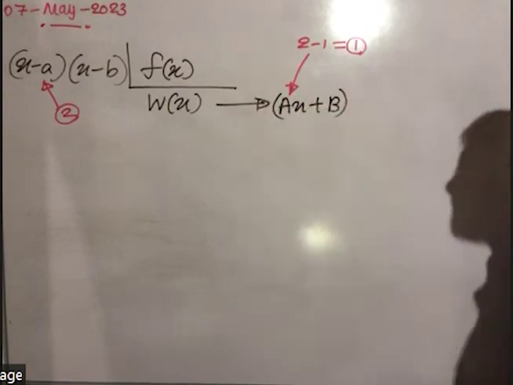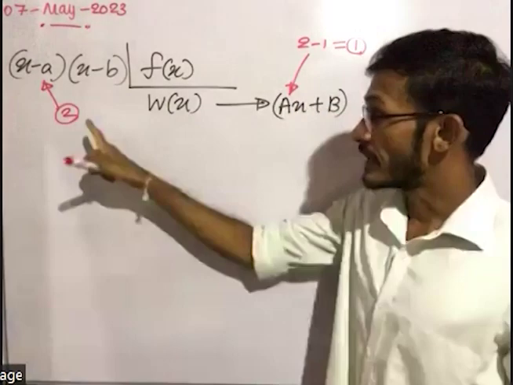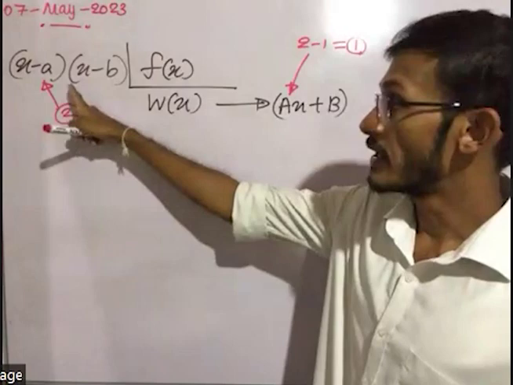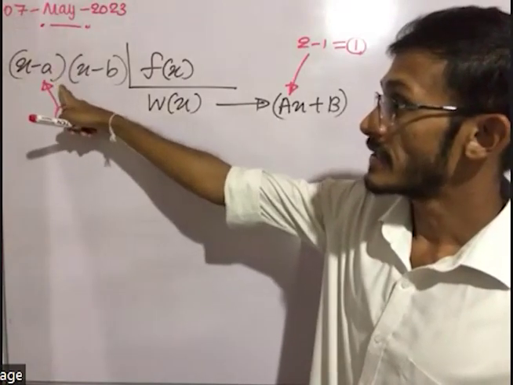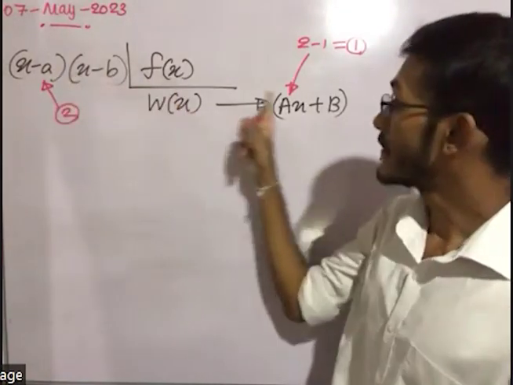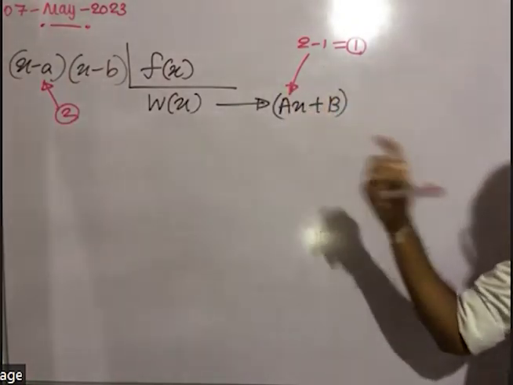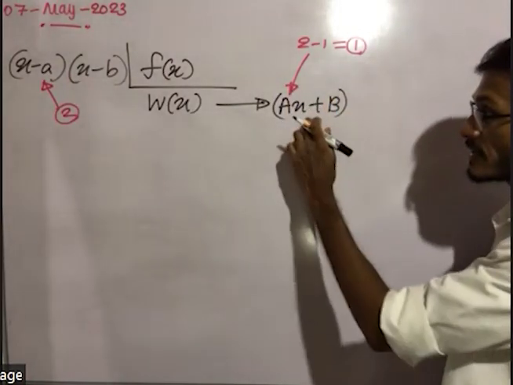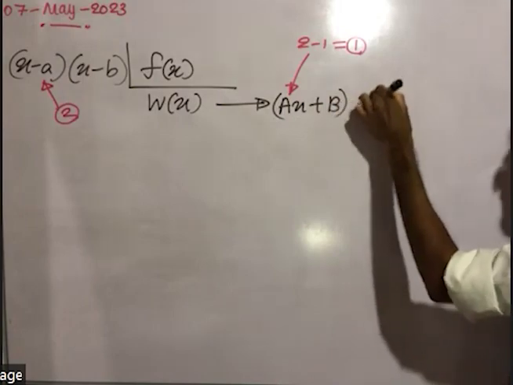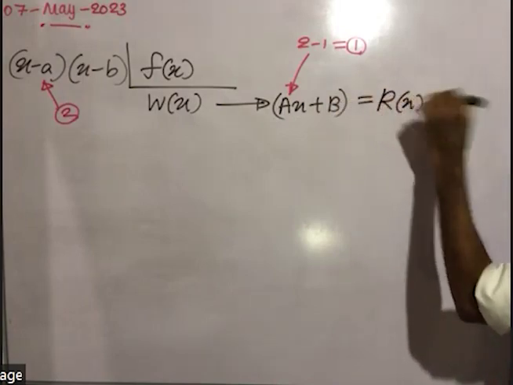The remainder is Ax plus B, because if the degree is 2, that means it is a quadratic expression. So if the degree is 1, that means that is a linear expression. So the remainder is a linear expression. I will write that as R(x).